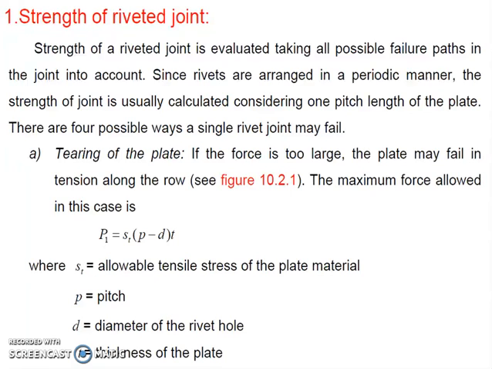Now, we are considering four major types of failure paths of the joint here. Number one is the tearing of the plate.